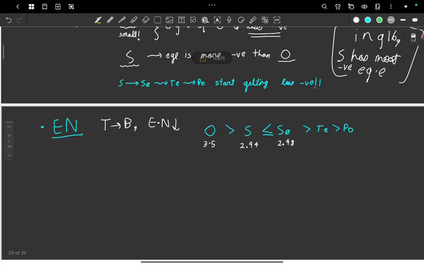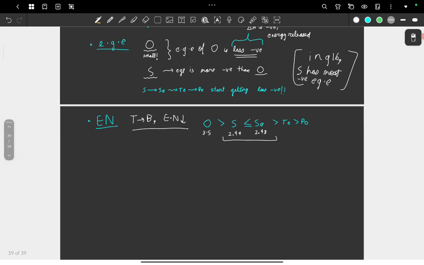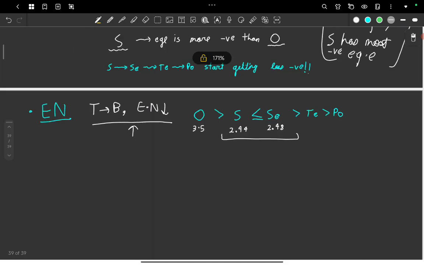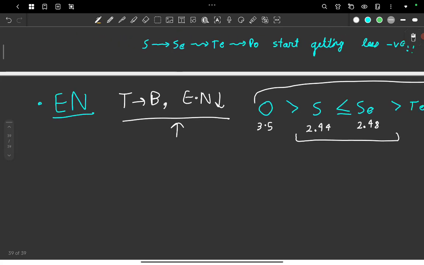So in the text they say that it decreases top to bottom, but in the table they show that selenium is greater than sulfur. So I would say go by the text because they don't expect anybody to look at the table as carefully as I have done. So go by the text, and the electronegativity decreases down the group.